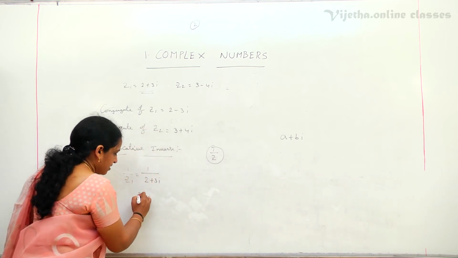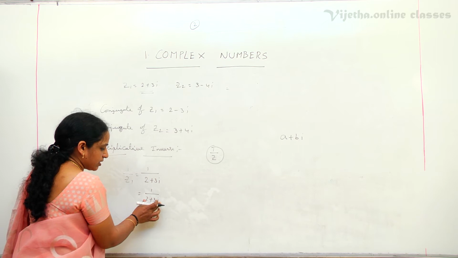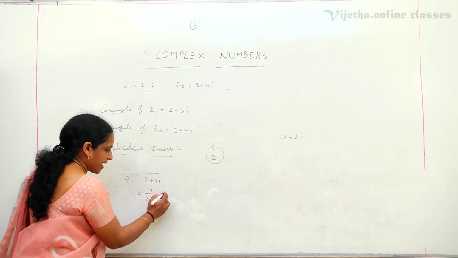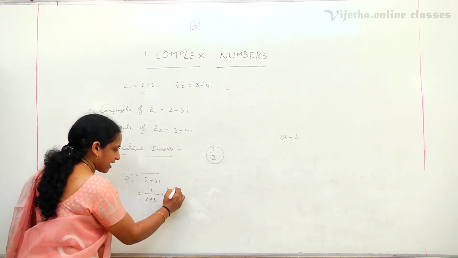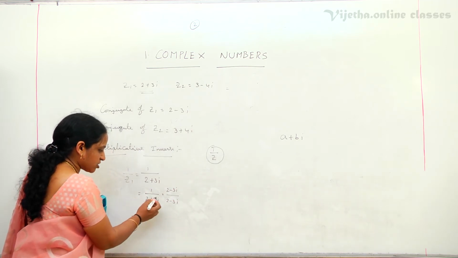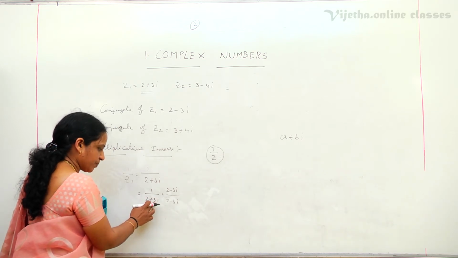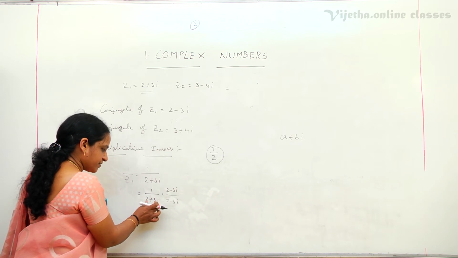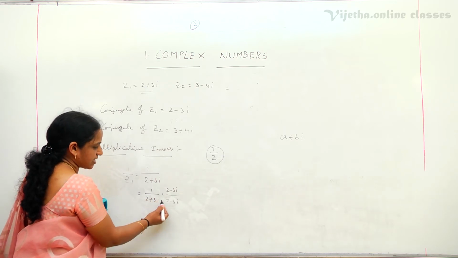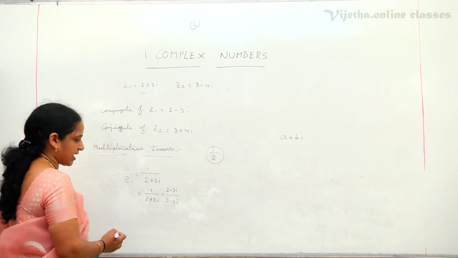So for that, 1 by 2 plus 3i. This denominator is multiplied and divided by 2 minus 3i. That means multiply and divide with the conjugate of the denominator. The denominator is also a complex number, 2 plus 3i, so its conjugate is 2 minus 3i.